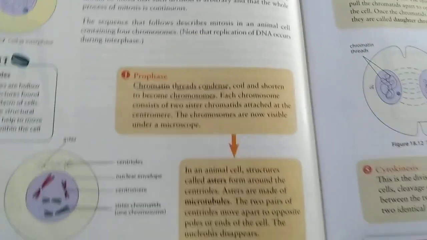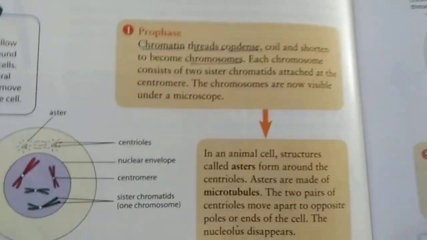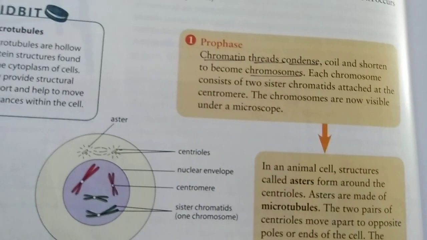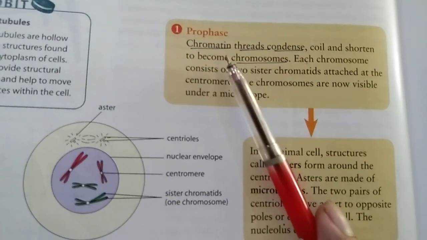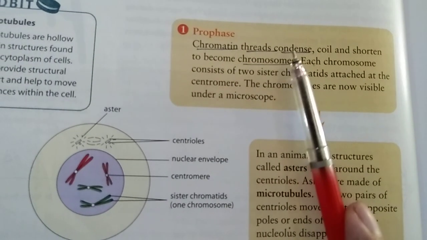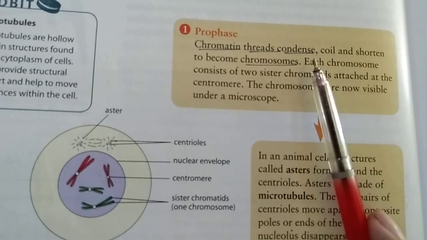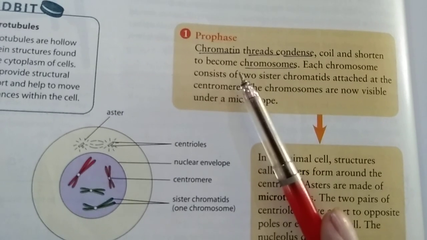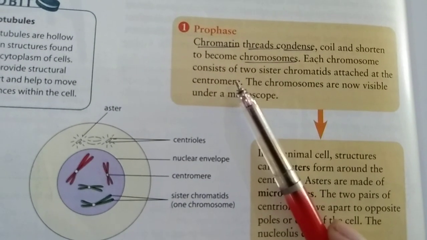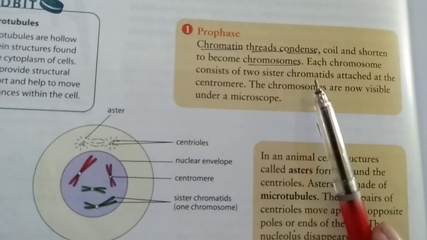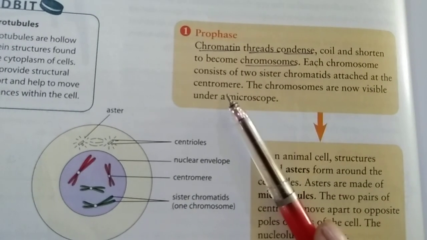Here we discuss the first stage, prophase. The first stage of mitosis is called prophase. Chromatin threads condense, coil, and shorten to become chromosomes. Each chromosome consists of two sister chromatids attached at the centromere.